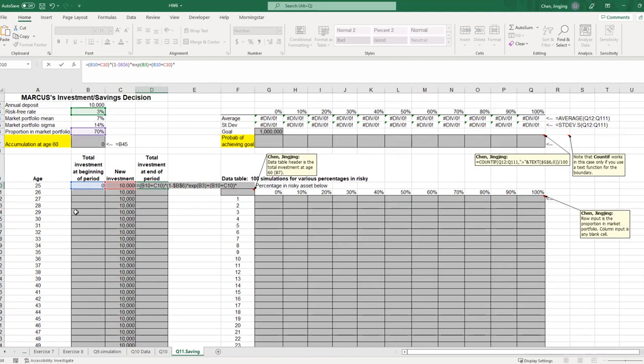So it's going to be the balance times the proportion, 70%, times the return, which is drift, mean, plus sigma times random numbers.